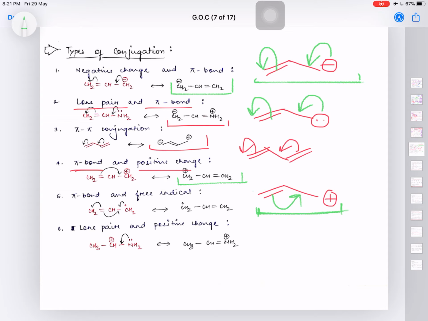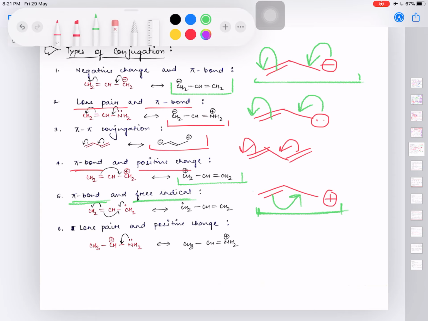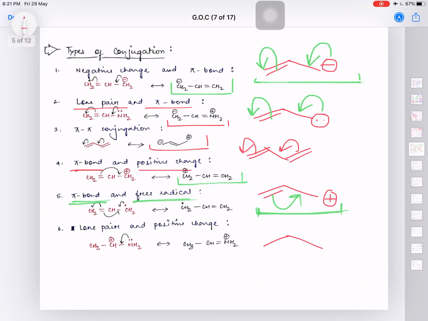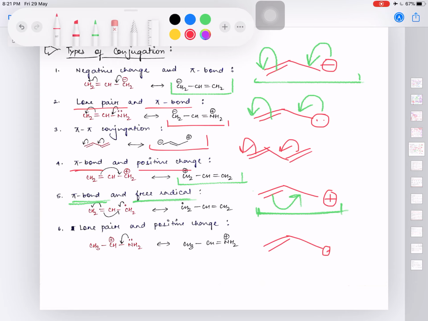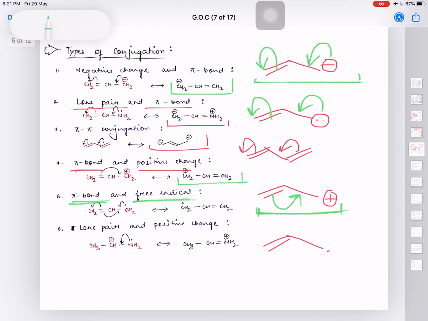Okay, now the fifth one is pi bond and free radical. So pi bond and free radical are also possible. Say you have a pi bond and you have a free radical. What happens in this case is that this pi bond will split up like this, which means a single arrow mechanism.